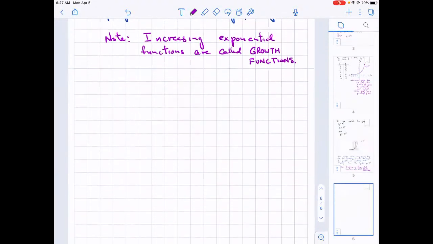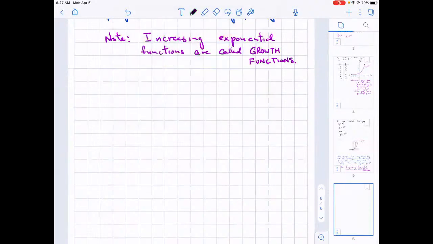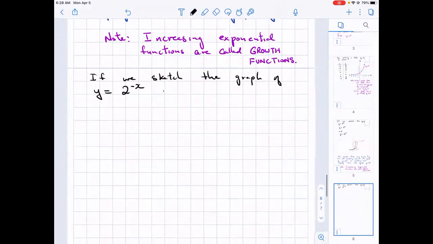Now, as we said, the exponent can be negative. So what happens if we sketch the graph of, let's say, y equals 2 to the minus x?